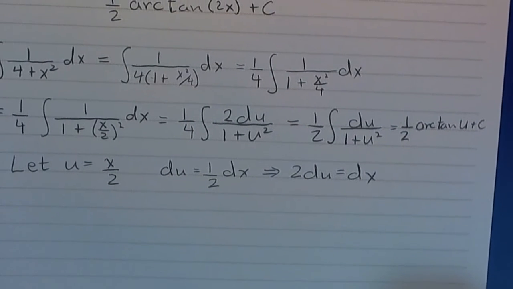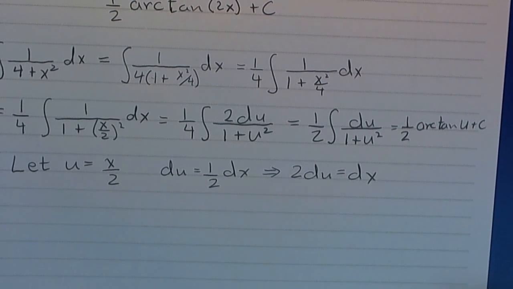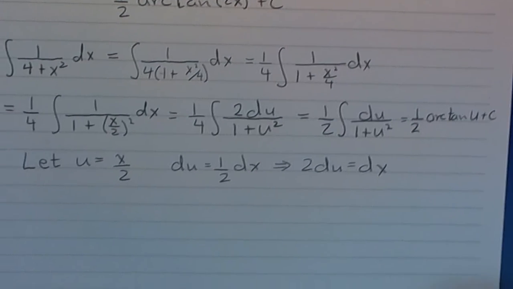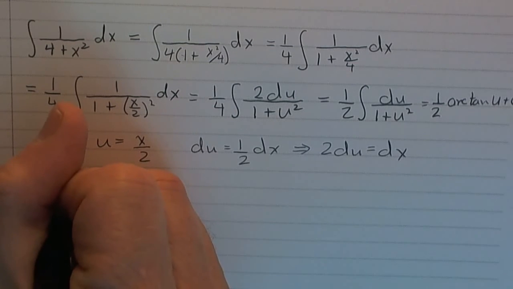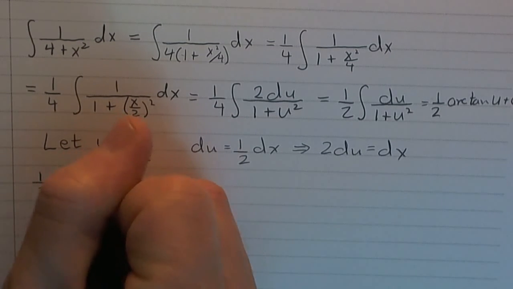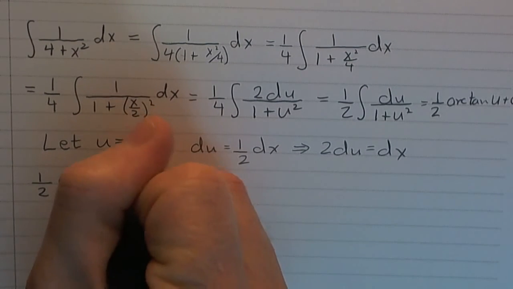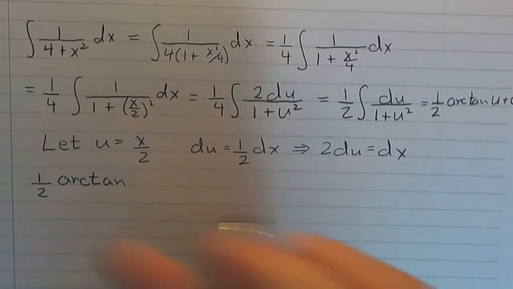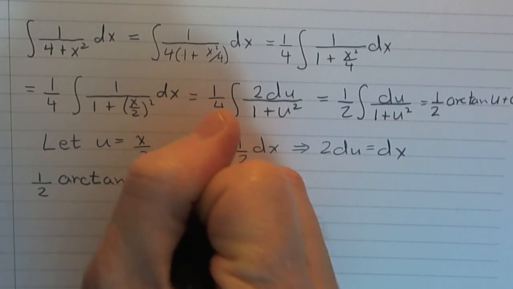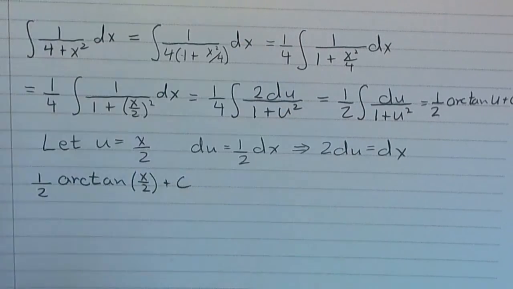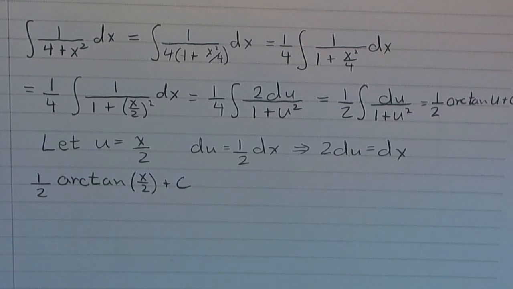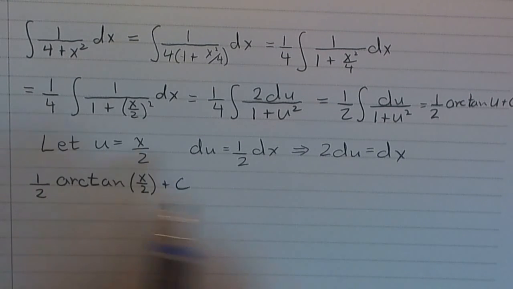And of course, we could write that as 1/2 arctan of x over 2 plus c, if we wanted to. And then if you differentiate this, you would get this back.